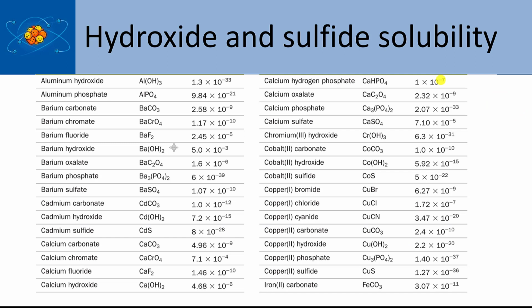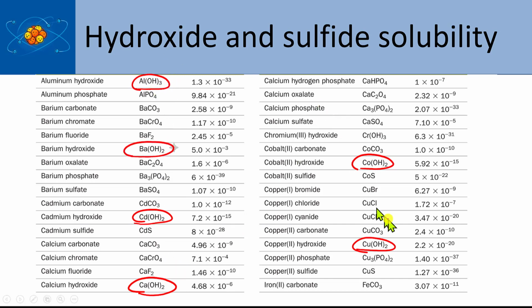So before we get into some of the details, I wanted to show you something that maybe would go unnoticed otherwise, and that is that if you look at the types of compounds that are formed in these solubility calculations, a lot of them are hydroxides, like aluminum hydroxide here. Let's see, where else do we have another hydroxide? Cobalt hydroxide, copper hydroxide, iron hydroxide is on the next page, calcium hydroxide, cadmium hydroxide, and barium hydroxide.